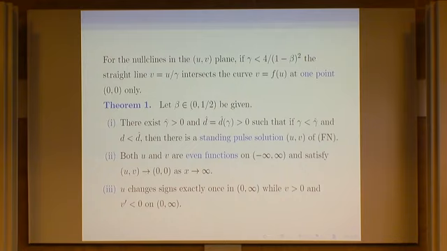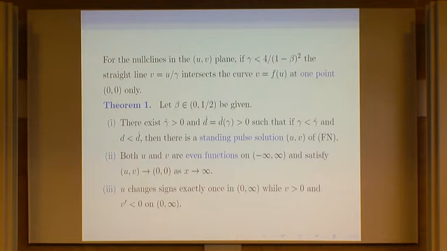When there is only one equilibrium, this is the so-called monostable case, and the other is the so-called bistable case, when you have 3 equilibria. But today, I'm aiming at the monostable case.